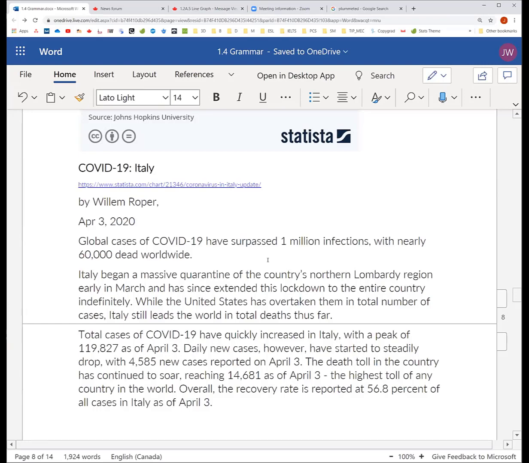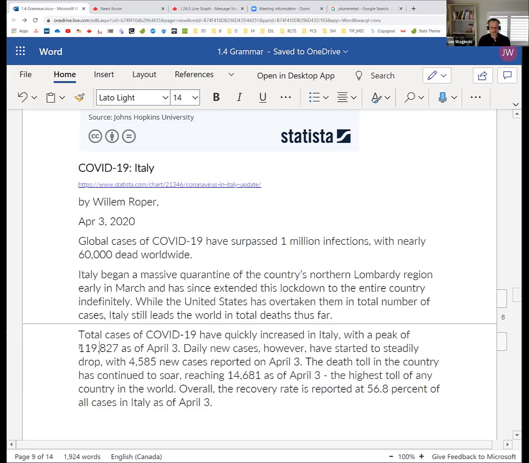Italy still leads the world in total deaths thus far. Total cases of COVID-19 have quickly increased in Italy, with a peak of 190,827 as of April 3rd.